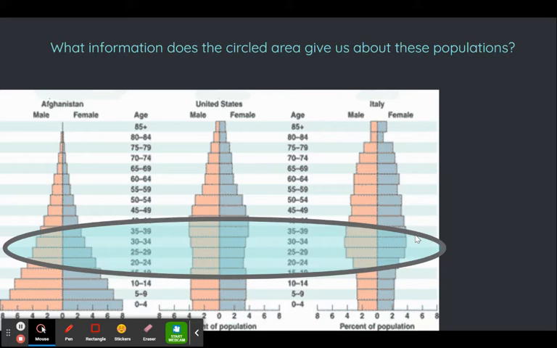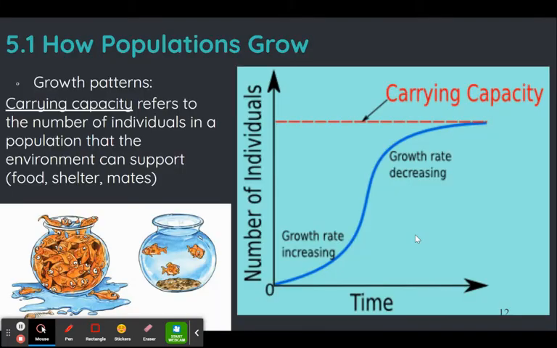If you've said that matters because those are the individuals who are actually able to add to the population, you would be correct. And that's why when we're studying population ecology, one of the things we consider is not just the number of organisms, but also the number of organisms that are of a reproductive age.